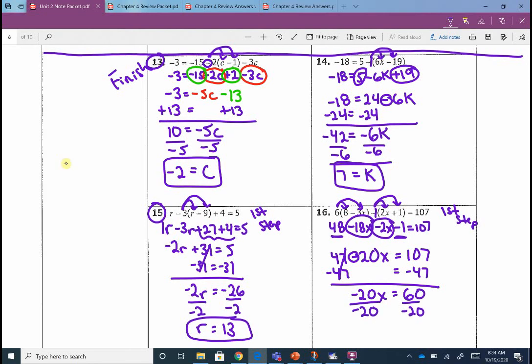I know some of us out there, like I said, we all know the steps. I don't doubt you guys for a second on your steps. We just get stuck sometimes because we don't pay attention to the sign that's in front. So be careful with your signs. You guys know the steps. I know you do.